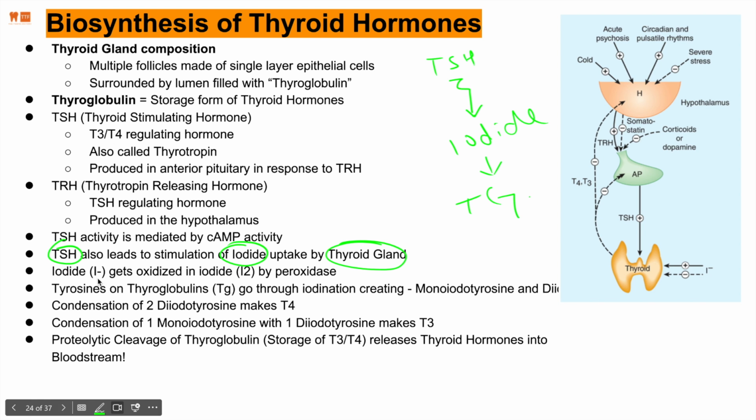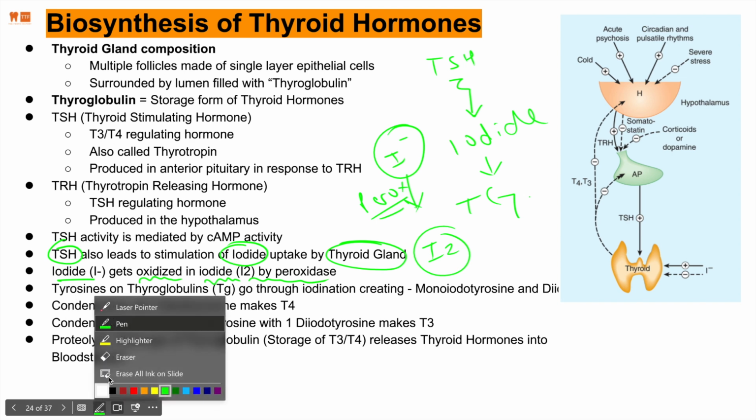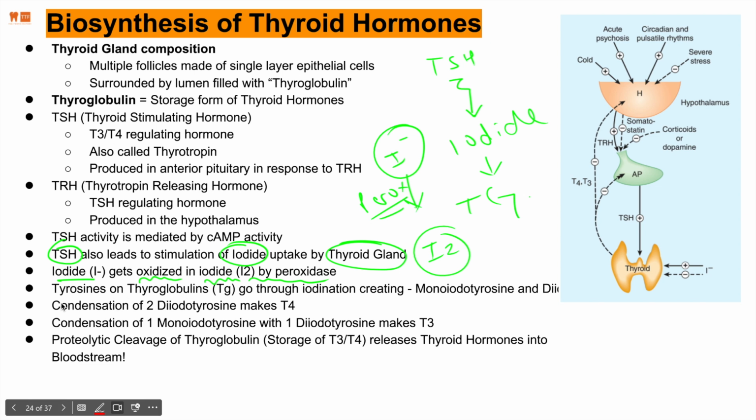Now what? Iodide, which is I negative, gets oxidized into I2 by the peroxidase enzyme. So far so clear? Perfect. Tyrosine on thyroglobulins goes through iodination, and it creates monoiodotyrosine or diiodotyrosine.